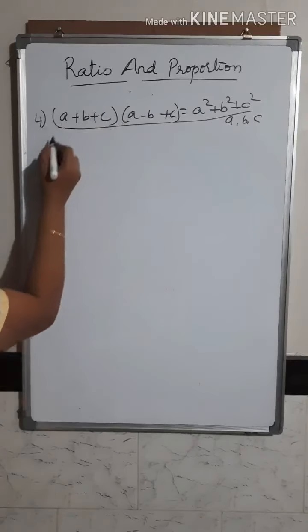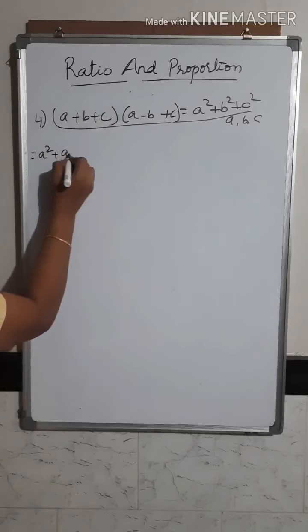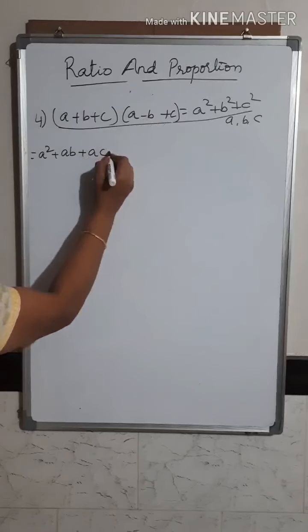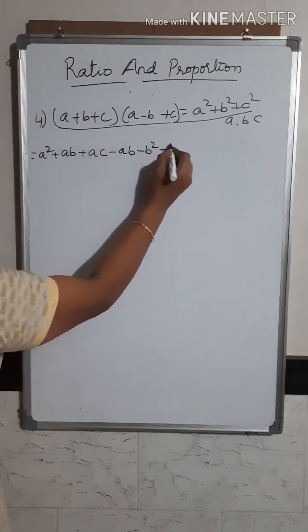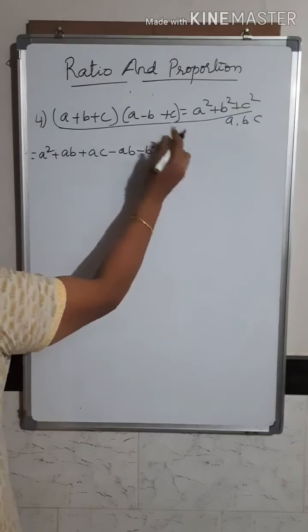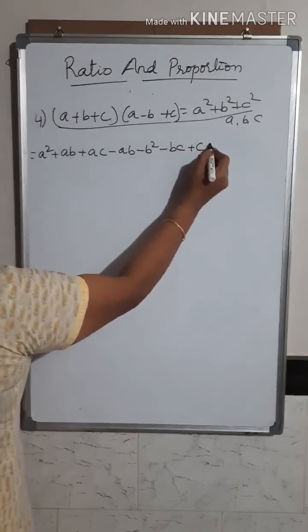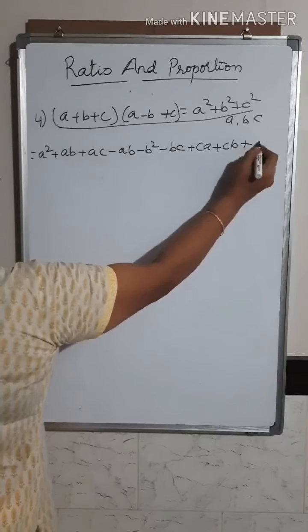So A into A is A square, A into B is AB, plus AC. Now multiply by minus B: minus AB minus B square minus BC. Then multiply by C, you get plus CA plus CB plus C square.